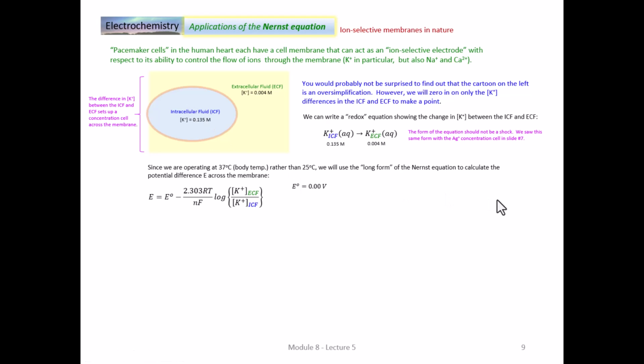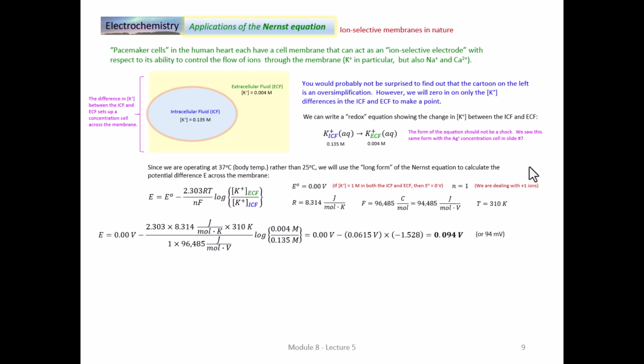The standard potential here would be 0 volts, because if both of these were at 1 molar concentration, there'd be no potential. N is 1, since we're dealing with the potassium ion. And we have the value of R, Faraday's constant, a temperature of 310 K.